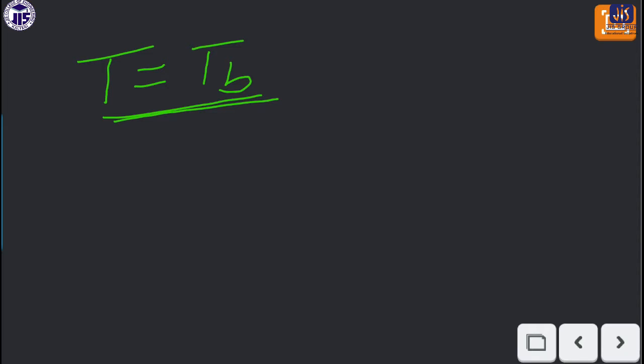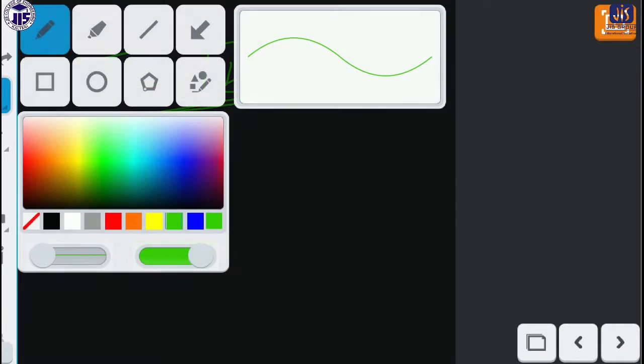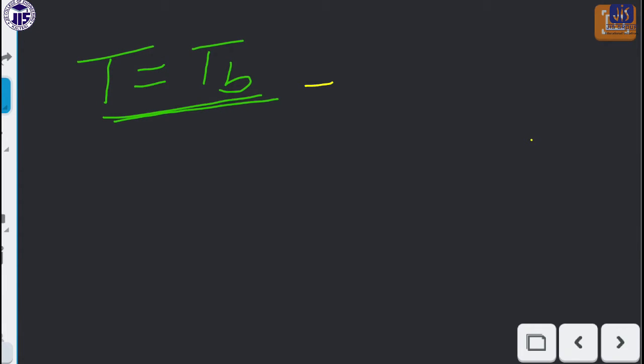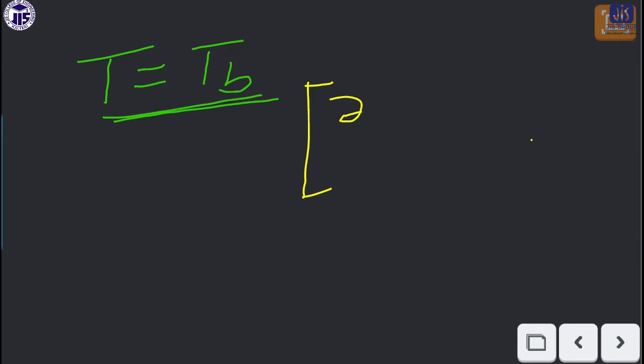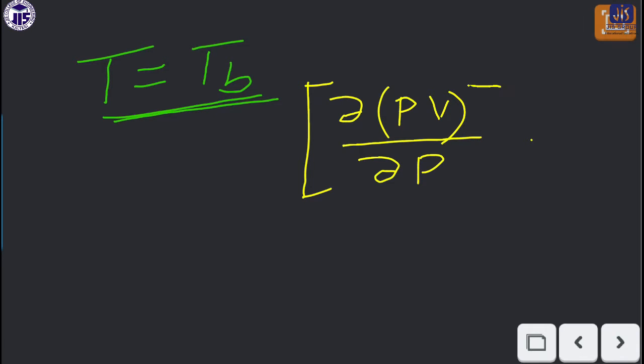So we can write from the previous graph that the Boyle temperature is the temperature when delta PV divided by delta P, at constant temperature, equals 0.